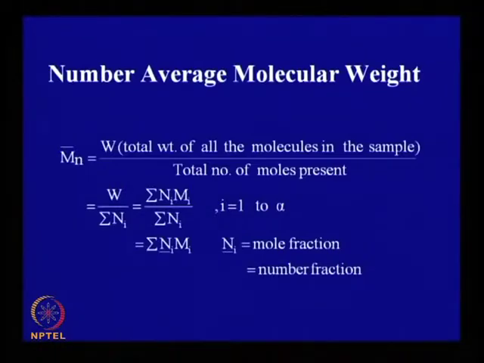So, this relation gives you the number average molecular weight, and here is a parameter known as the mole fraction or number fraction. This is a very simple thing. If you analyze this equation a little, we will understand.